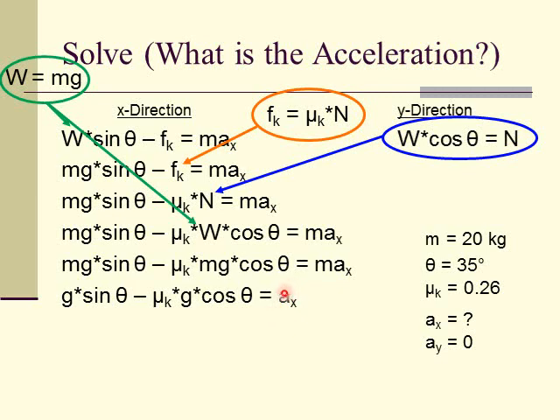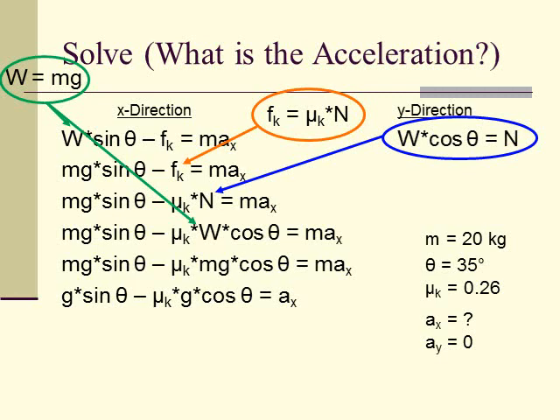If mass cancels out, that means I could have put a 50 kilogram block on, or a 200 million kilogram block on, or a 0.00001 kilogram block on this ramp, and it would still have the same acceleration because mass disappears. The answer is independent of mass.